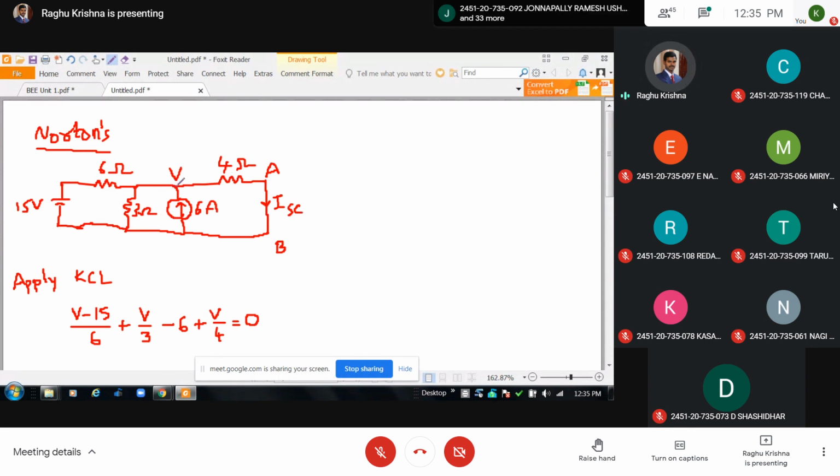So I applied KCL at this node. V minus 15 by 6 plus V by 3 minus 6 plus V by 4. So here this is the KCL equation, and solve the equation and get the value of V.